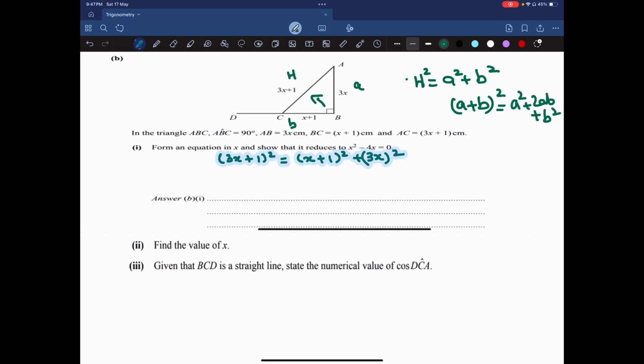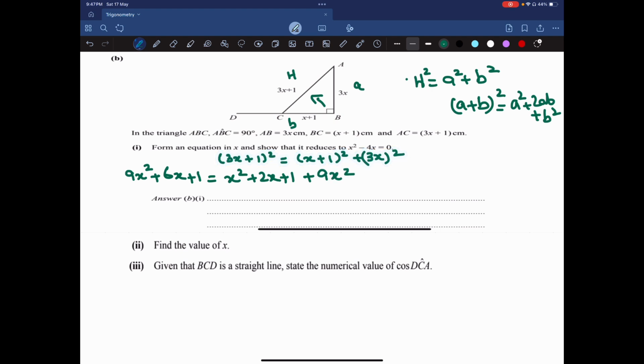Okay, so the expansion would be 9x square plus 6x plus 1 equals, we're again going to apply (a plus b) whole square, x square plus 2x plus 1 plus 9x square.